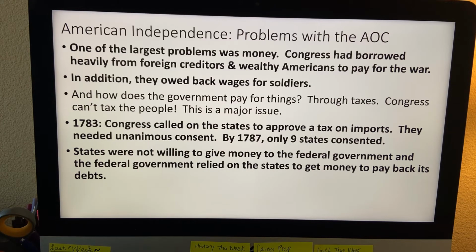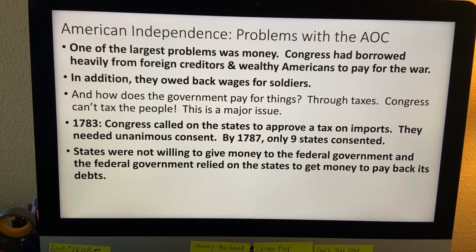I said this, but I'm going to say it again. One of the largest problems was money. Congress had borrowed heavily from foreign creditors, from other countries, as well as other wealthy Americans in order to pay for the war effort. And life skill here: when you borrow money, they are going to expect you to pay it back.